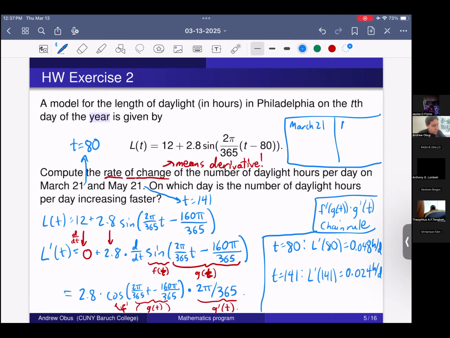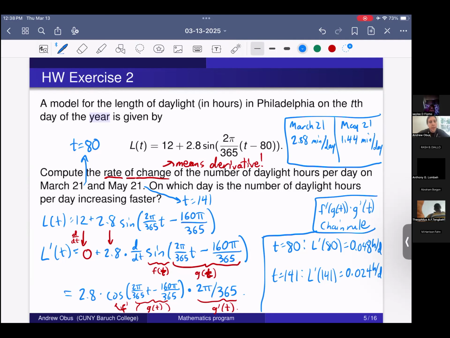So March 21st and May 21st, if I convert it into minutes by multiplying it by 60, I'm going to get that this is 2.88 minutes per day. So that's how much longer each day is getting. And on May 21st, it's going to be 1.44 minutes per day.